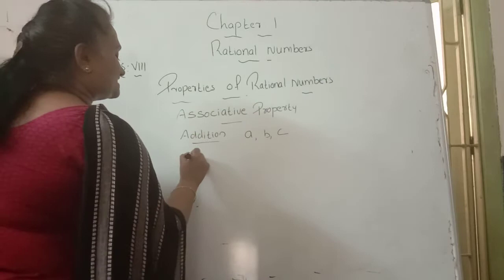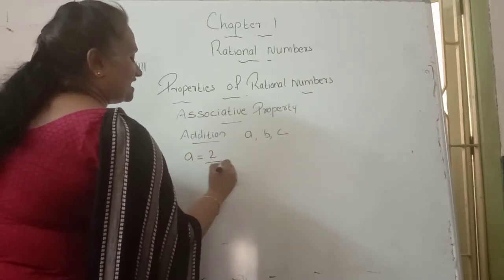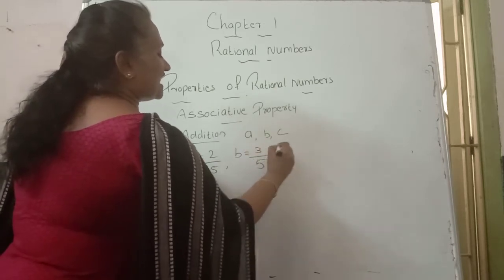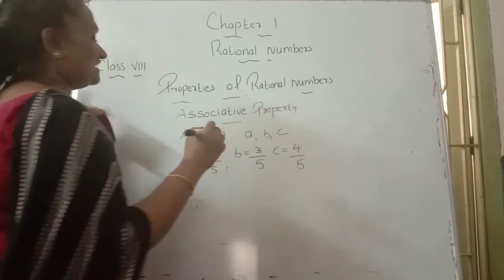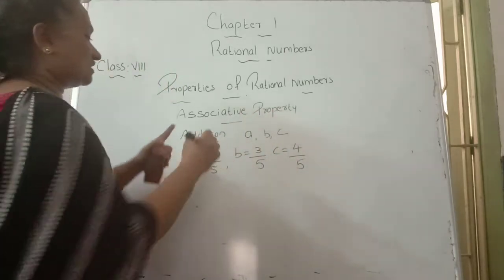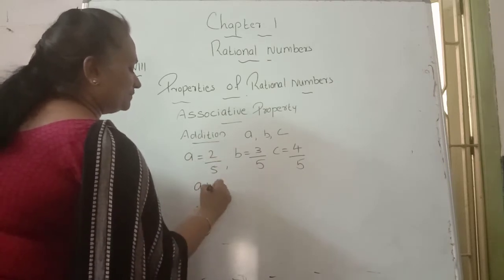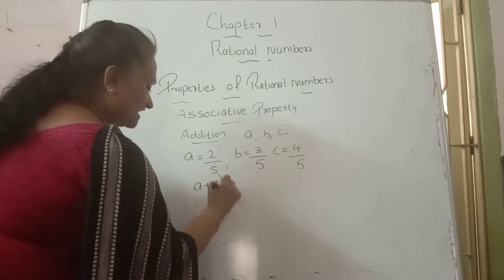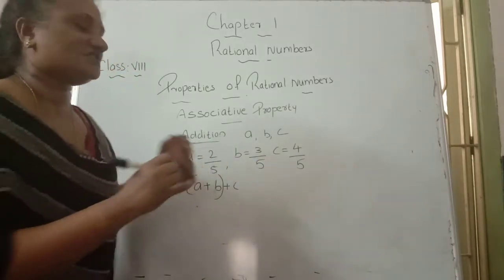A value we consider as 2 by 5, B value as 3 by 5 and C value as 4 by 5. Then, substituting, the addition rule says (A plus B) plus C: first A value and B value are added, and that answer is added with C value.